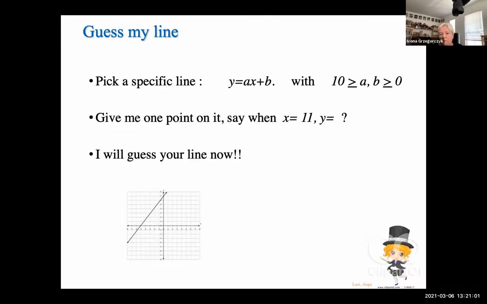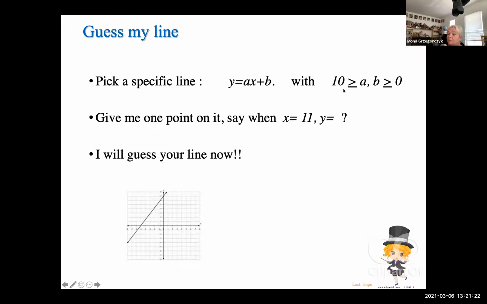That's why I gave you 11. Isn't 11 obviously strategically chosen? You could have chosen 13, anything bigger than my a and b. And your a and b are integers, so there is very little degrees of freedom here.